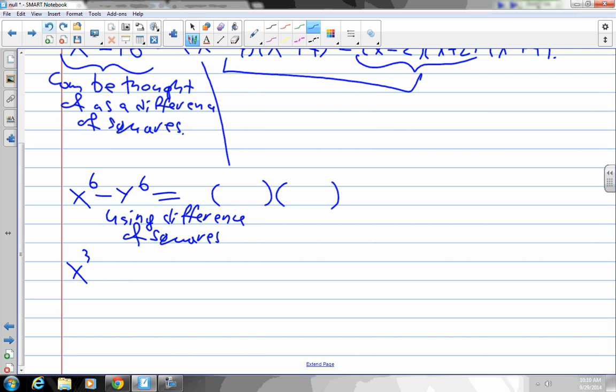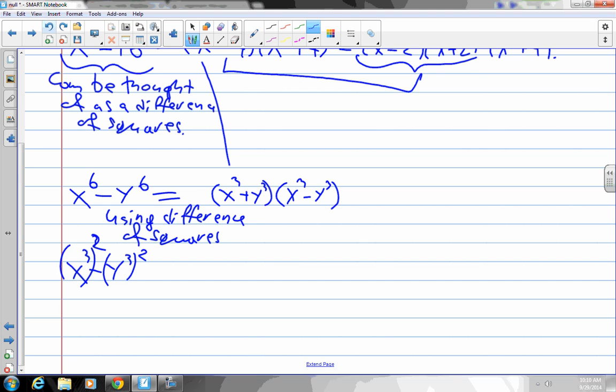Because I think of this problem as y cubed squared and x cubed squared. These are my differences of squares. So what are the bases? The x cubed. Whoever said that, good. x cubed plus y cubed, x cubed minus y cubed, right? They're just breaking it down using the difference of squares formula.